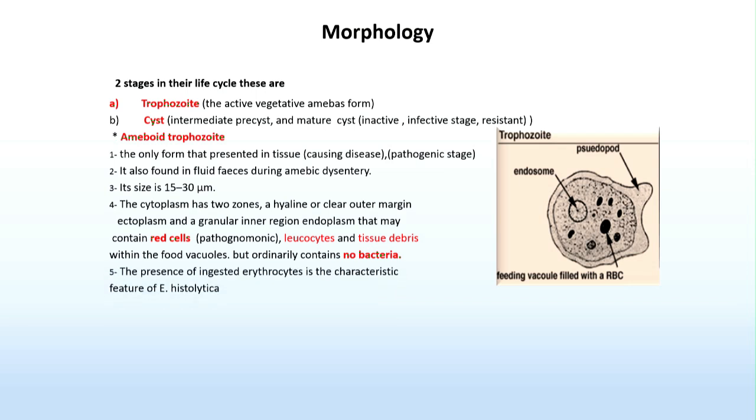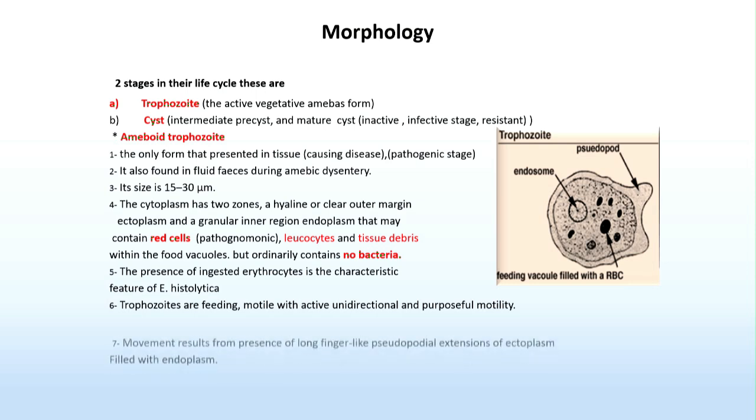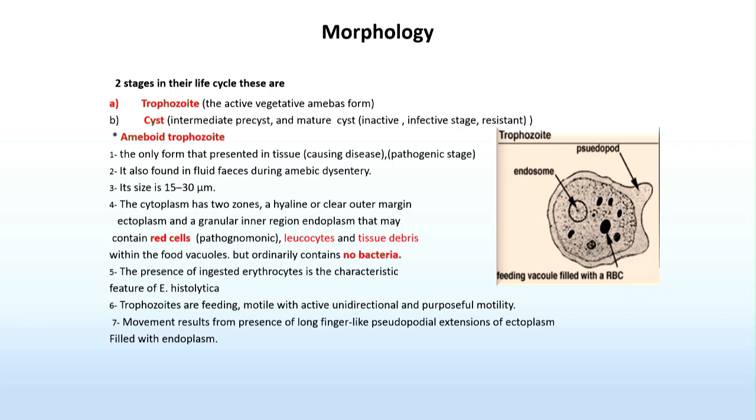The presence of ingested erythrocytes is the characteristic feature of Entamoeba histolytica. Trophozoites are feeding and motile, with active unidirectional and purposeful motility. Its movement results from long finger-like pseudopodial extensions of ectoplasm, filled with endoplasm.